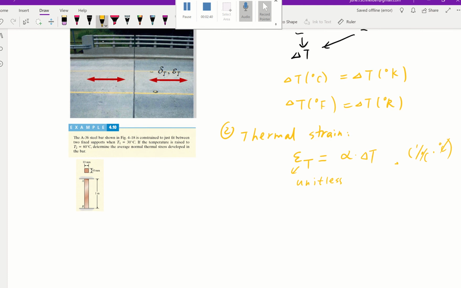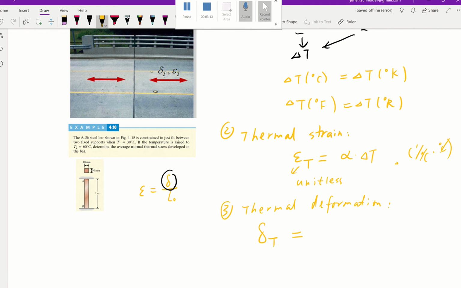Then the third concept we want to look at is called the thermal deformation. It means how much actual elongation or contraction happened due to the temperature change, right? That's delta, deformation, and we're going to add a T to indicate it's thermal. So we know here is epsilon. Epsilon is deformation over original length, right? So knowing that, we can certainly find the thermal deformation equation.